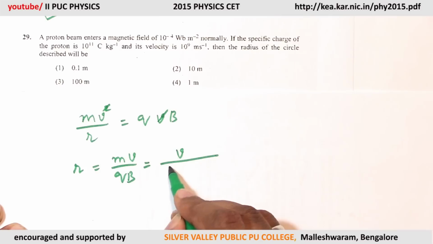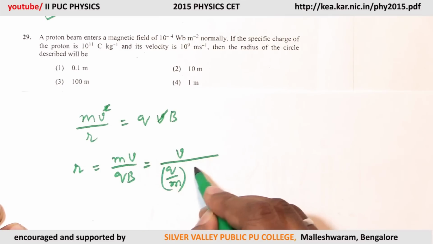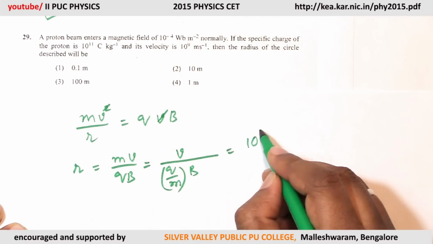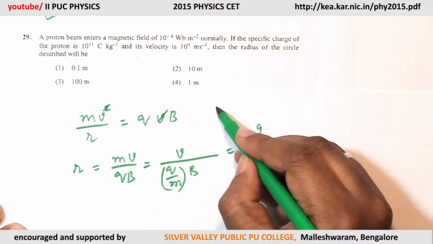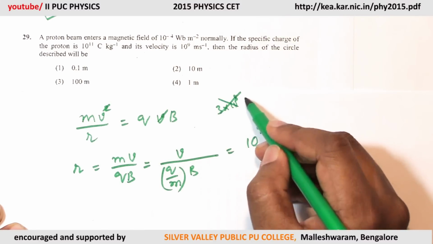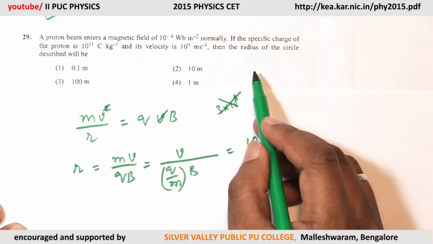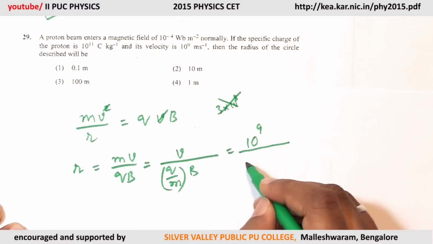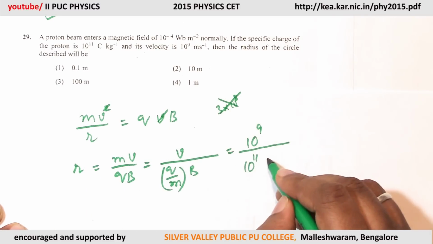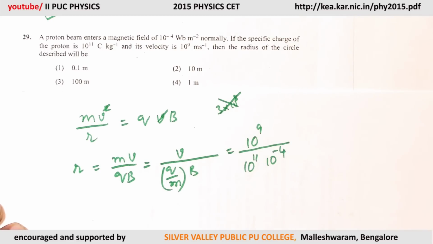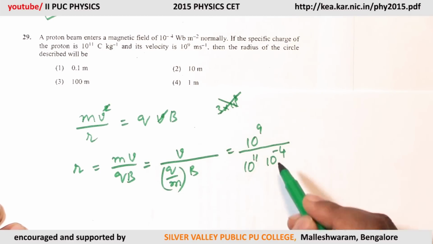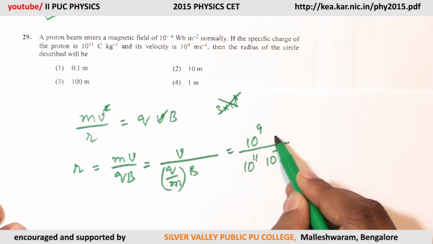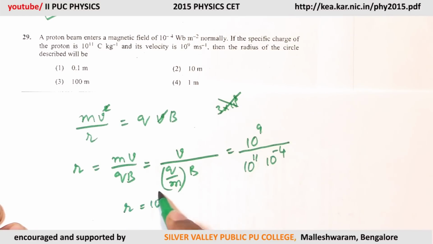V by Q by M is called specific charge into B, equal to velocity is 10 power 9, which is nonsense, you know, because maximum velocity is 3 10 power 8. Just to solve this problem, they have taken it as 10 power 9 divided by specific charge is 10 power 11, magnetic field is 10 power minus 4. 9, 11, 2 minus 4 is minus 2, goes to numerator 2. So R equal to 10 power 2.